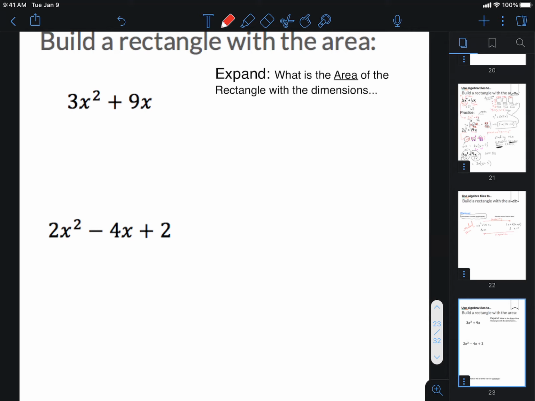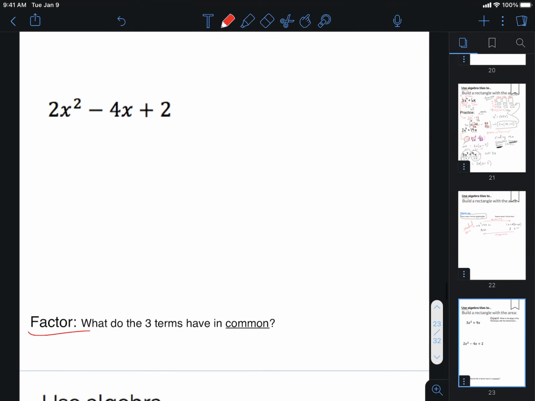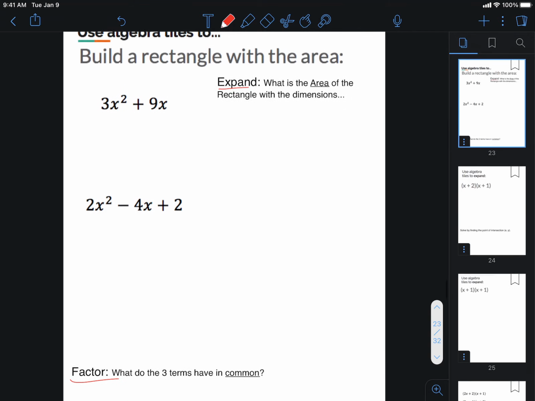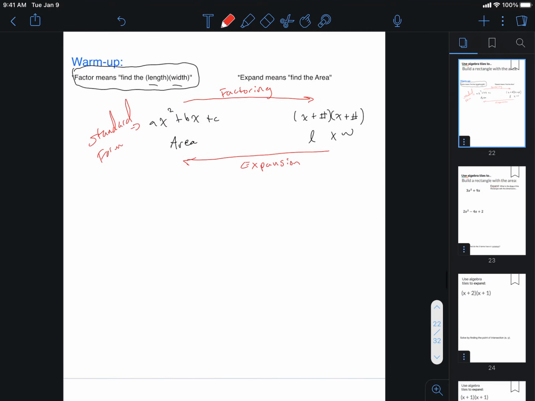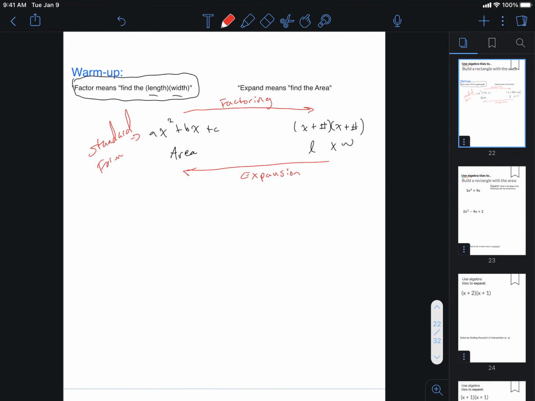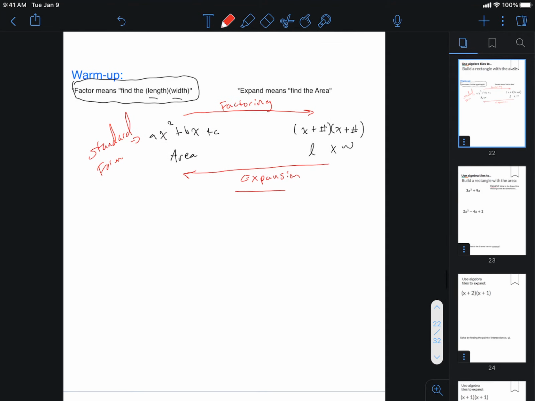Keep saying build a rectangle with an area, for the reason that that's all we're doing. No matter what we do, we're throwing new words out, but we're always trying to find the area and length and width. That's all that's happening. Despite us using new words, these are what these new words mean. Expansion and factoring are just different directions. They're opposites. It's multiplication, division.